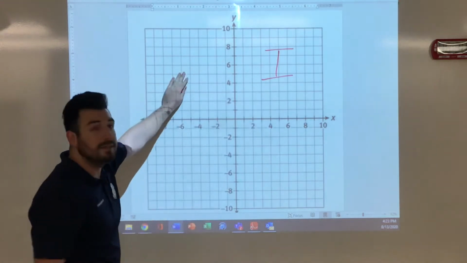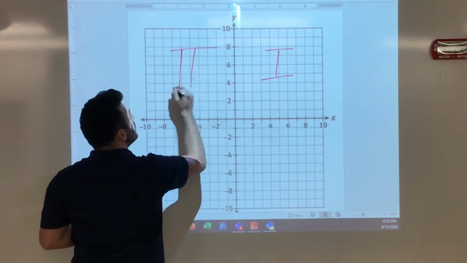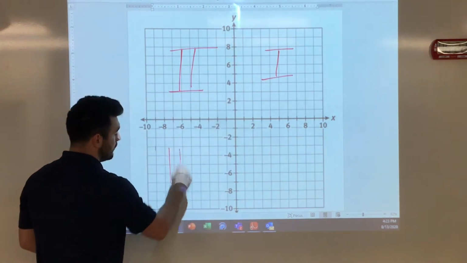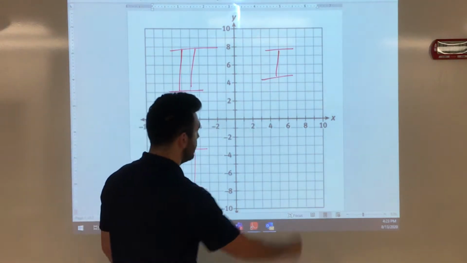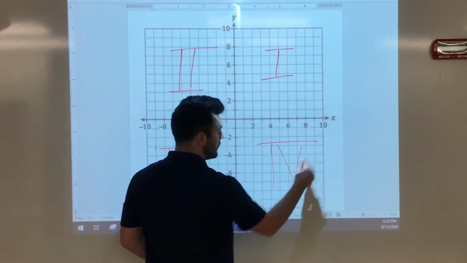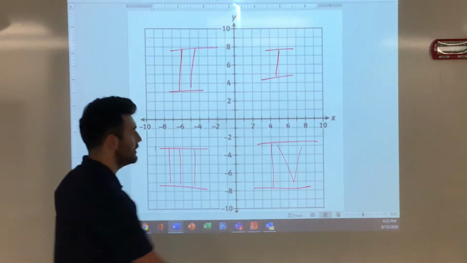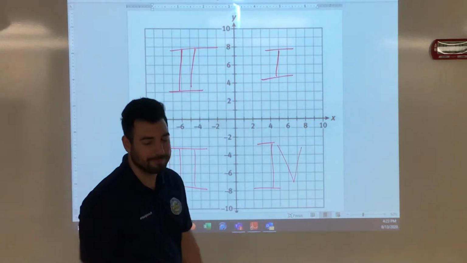Over here, if we're going counterclockwise, this would be Roman numeral 2. Following the pattern, we have quadrant 3, and last, written in Roman numerals, quadrant 4.